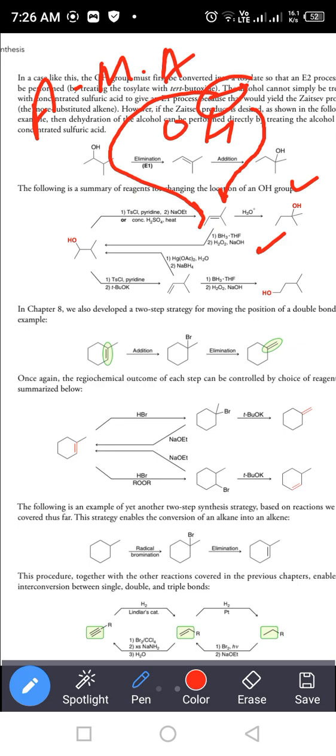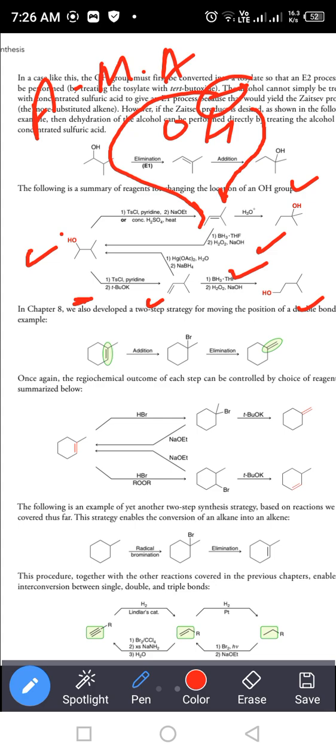These are the routes. And if this secondary alcohol changes into primary alcohol, then follow this route. Convert OH into a good leaving group, a silyl group, and then treat with tertiary butoxide ion. Tertiary butoxide ion means follow the E2 mechanism. It gives the unsubstituted alkene, and the unsubstituted alkene, if treated again with BH3 tetrahydrofuran, definitely there is an alkene.